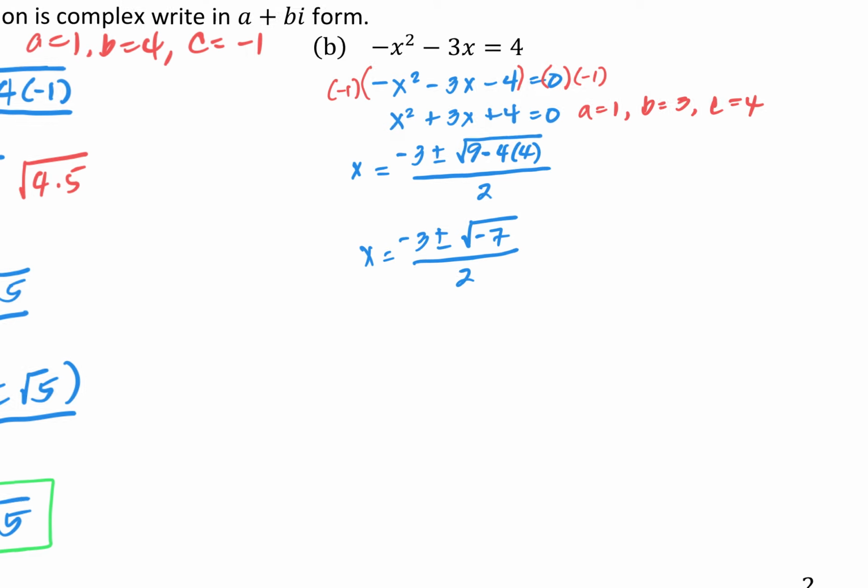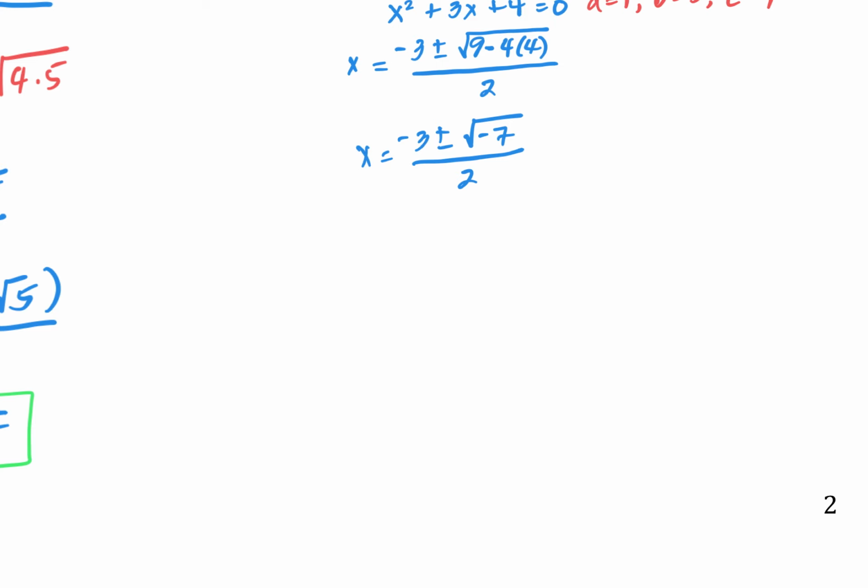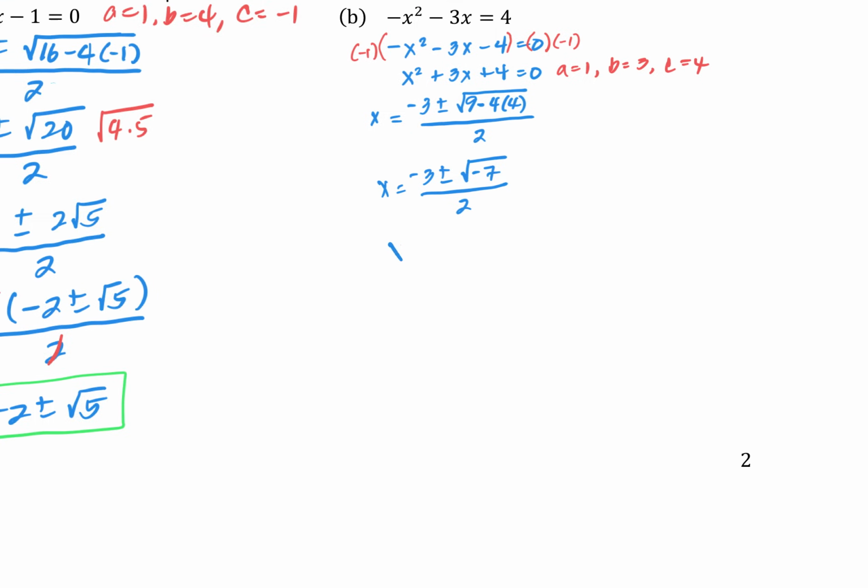In this case, since it is complex, since I have that negative, I'm going to need to change this to x equal to, if I zoom out too much, my pen gets tiny. x equal to -3 plus or minus the square root of 7i over 2.